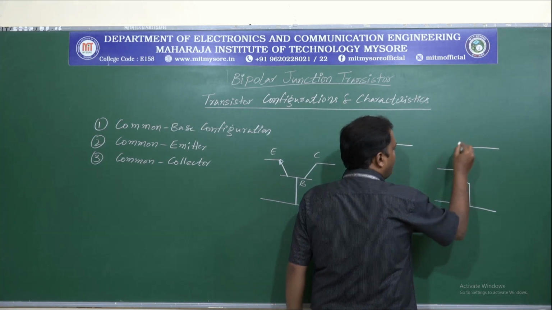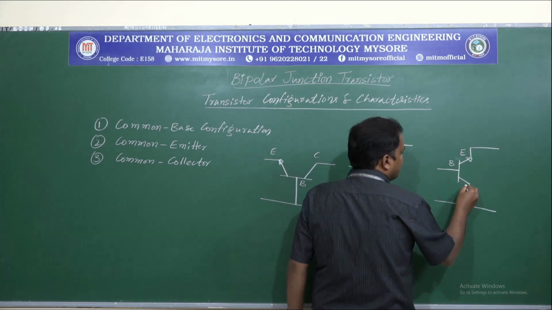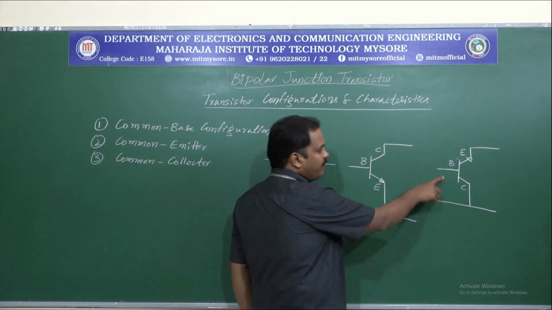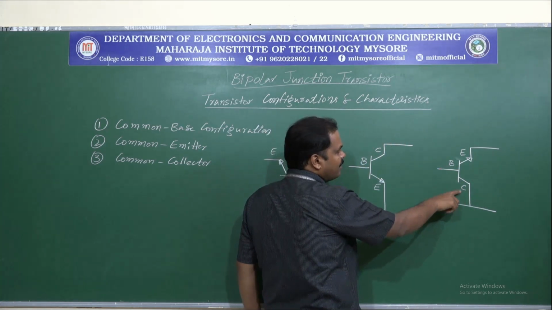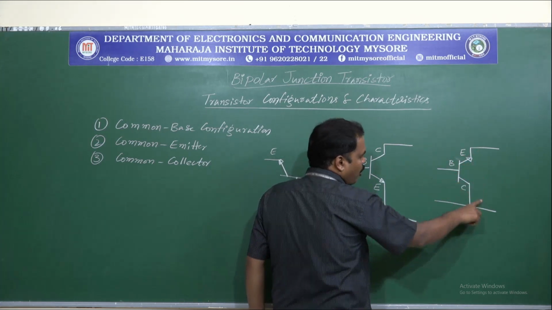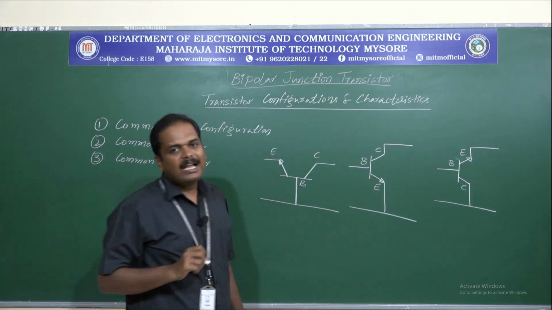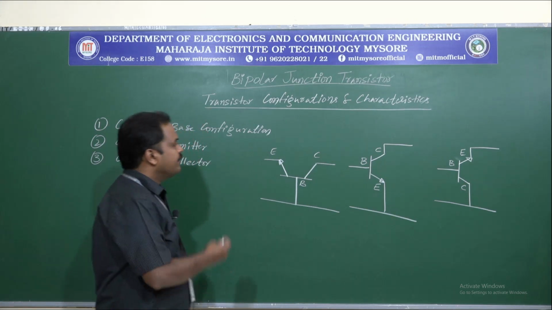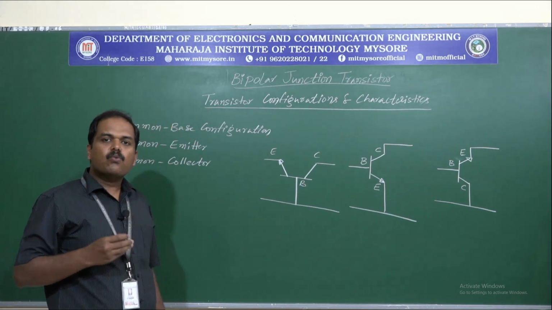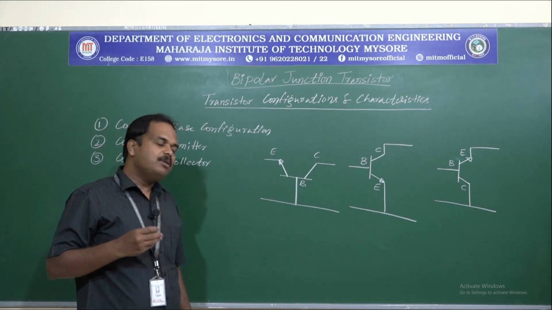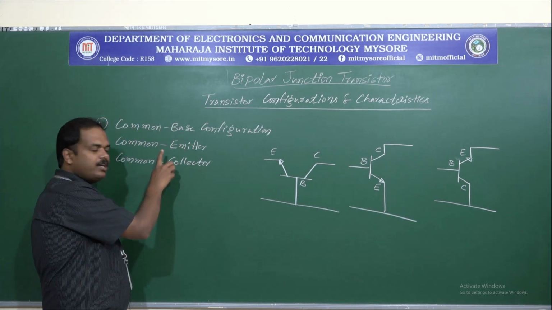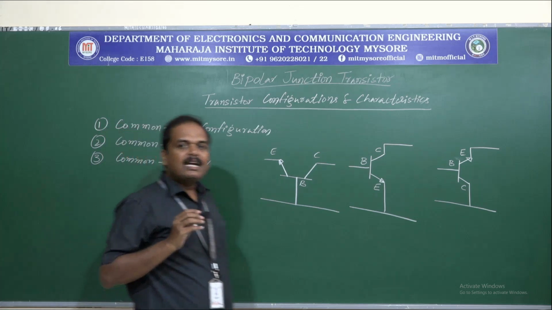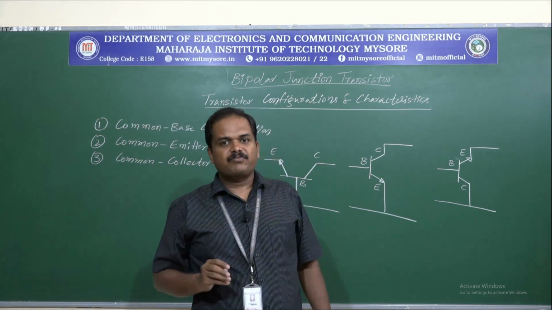This is emitter, this is base and this is collector, and here we can see the base terminal forms the input circuit with respect to collector and the emitter terminal forms the output circuit with respect to collector terminal. So these are the three different configurations in which a BJT can be connected: common base, common emitter and common collector configuration.